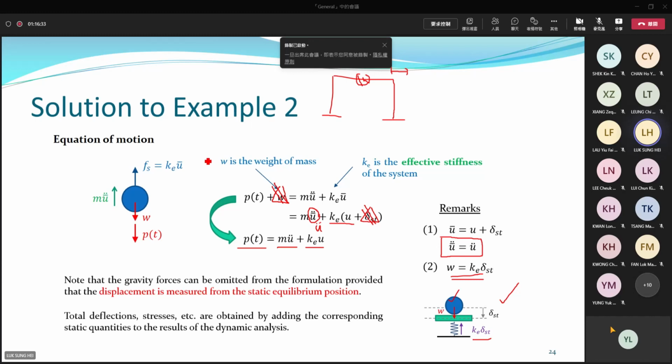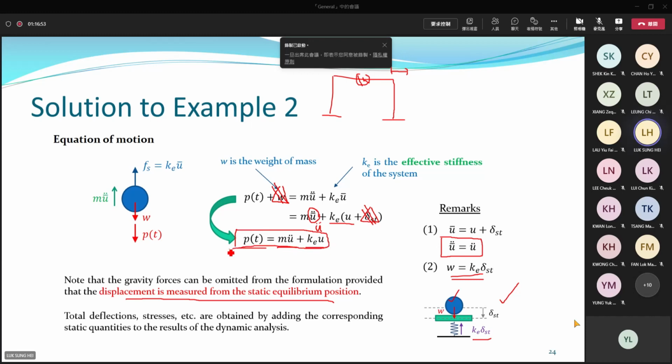This is the first smart approach: to measure displacement from our static equilibrium rather than the undeformed positions. Because when you measure displacement from the static equilibrium positions, in the formula you cannot see the effect of set weight.